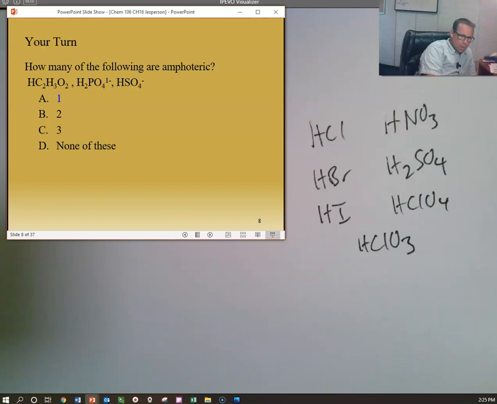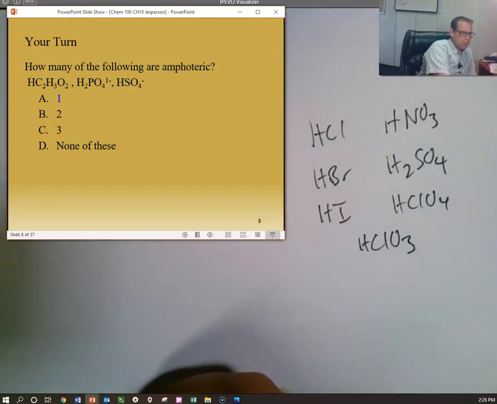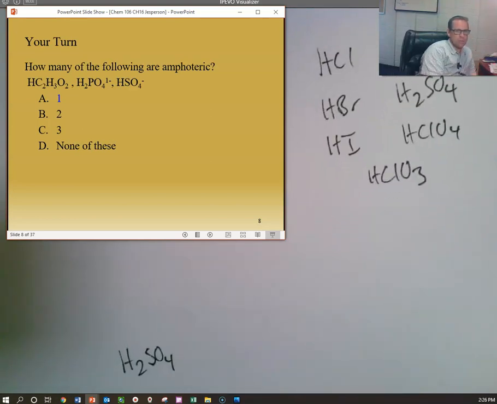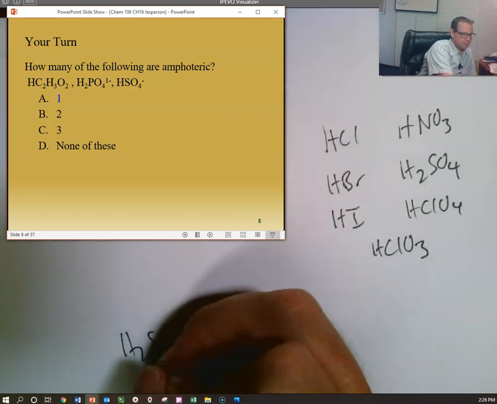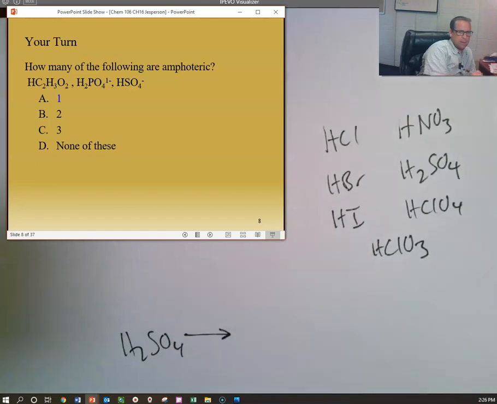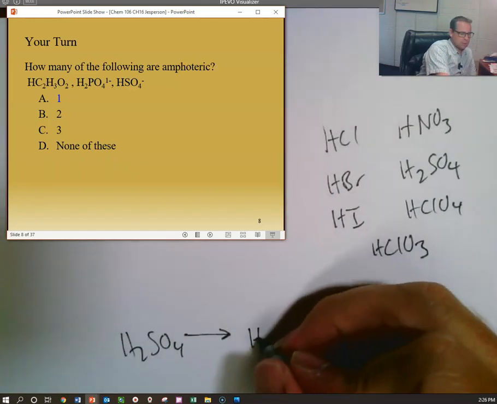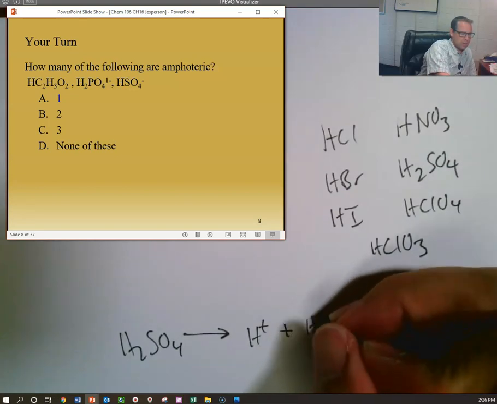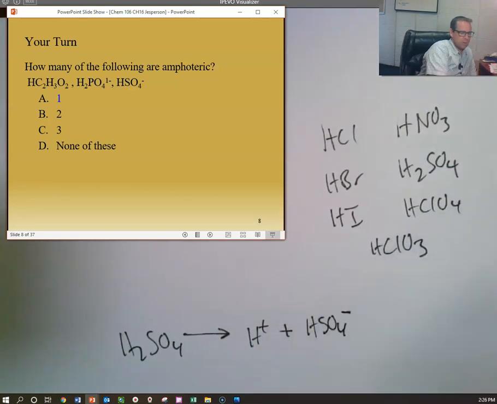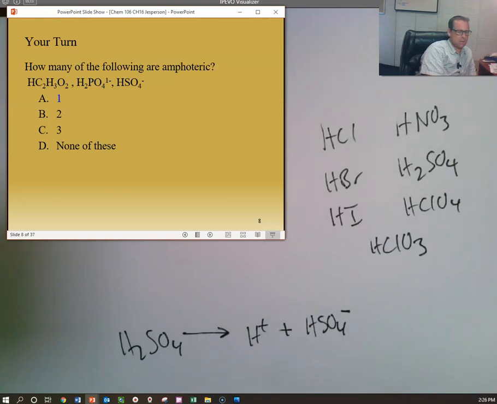So what that means is, again, a strong acid: you put it into solution, into water, H2SO4, for example, and it completely dissociates. So the H plus ion results, and the HSO4 minus ion is the conjugate base of this compound. All right?